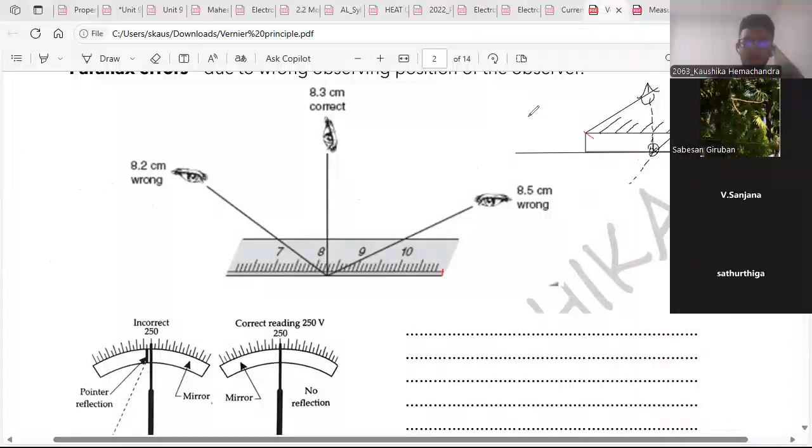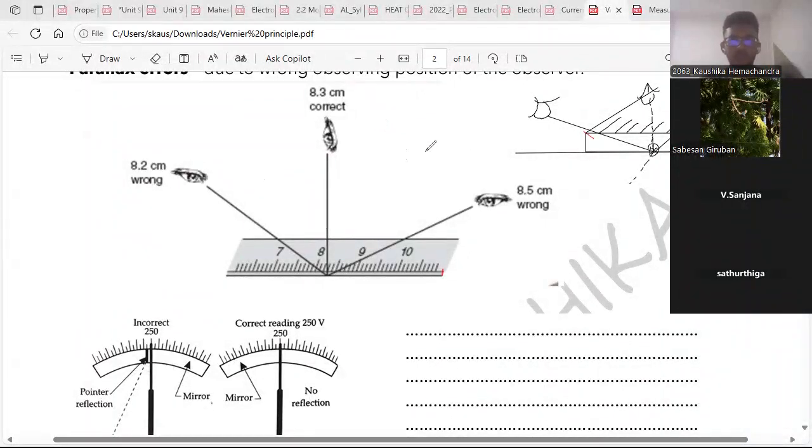Then if your eye is on the other side, at a different place and at an angle, you can see your line of sight is like this and you're getting this as the value, right? So it might be a small error, not as much as I have shown here. You can see here it's different, right? It might be a few millimeters also, but it's still an error, right?